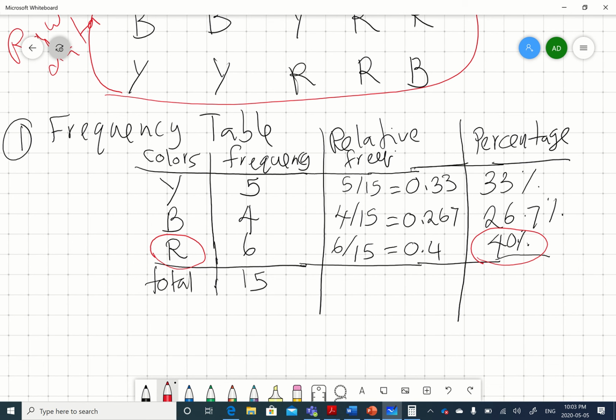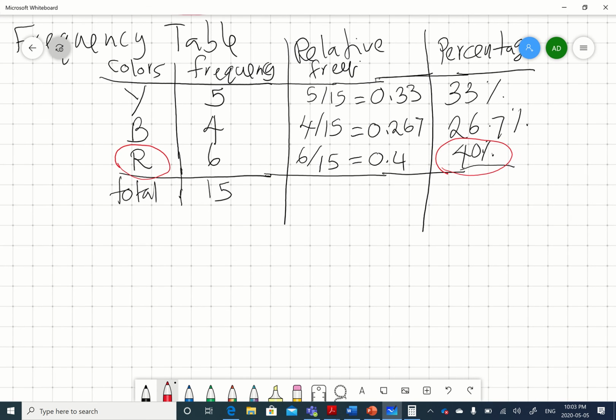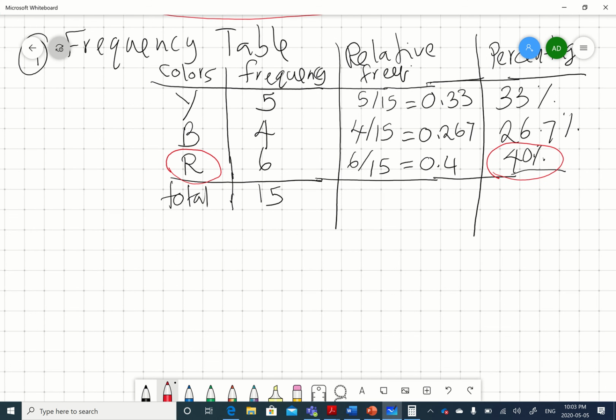Okay, so some summaries that you can build around your data. Using the frequency table, you can talk about the pie chart and the bar chart, because both pie chart and bar chart are built using the frequency table. So I'm just going to recreate the frequency table, color and frequency.